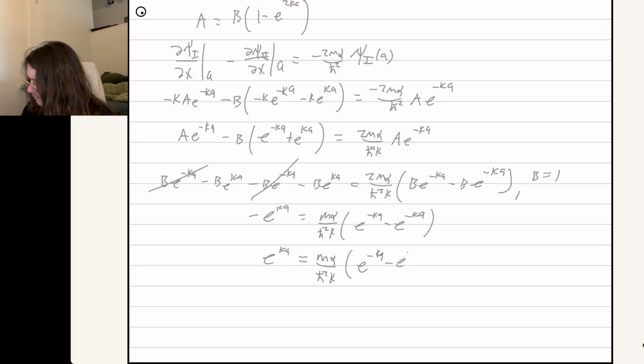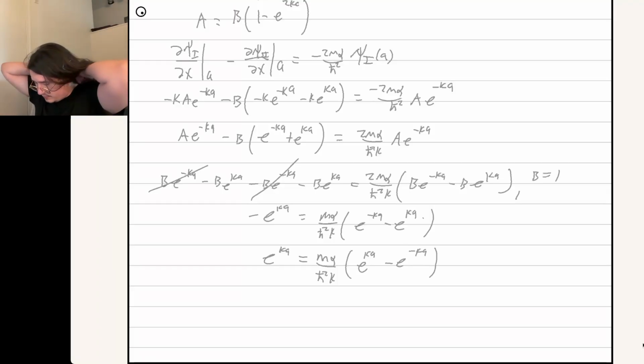Minus e to the ka. And I'm realizing now that I'm writing this in a really goofy way. So this is going to be ka, this is going to be ka. So this is going to be ka, and it's going to be minus ka here. But that looks good now.